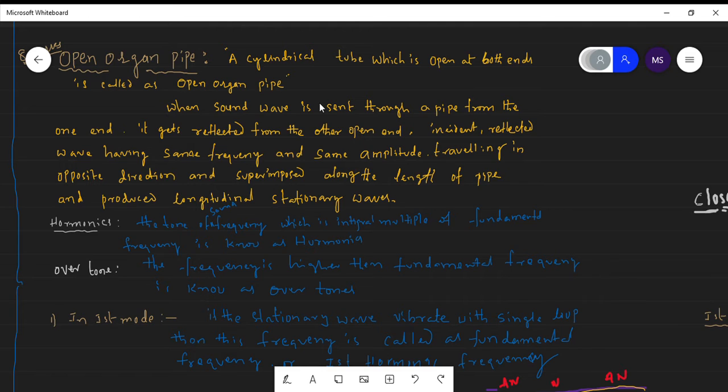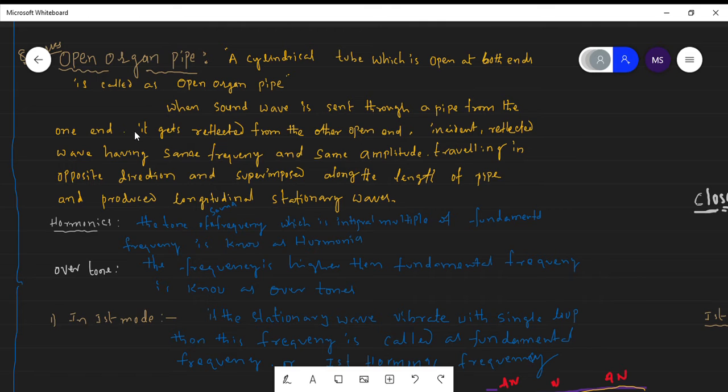Now this pipe is placed toward the source. The sound wave enters one end and gets reflected from the other end due to the pressure difference.